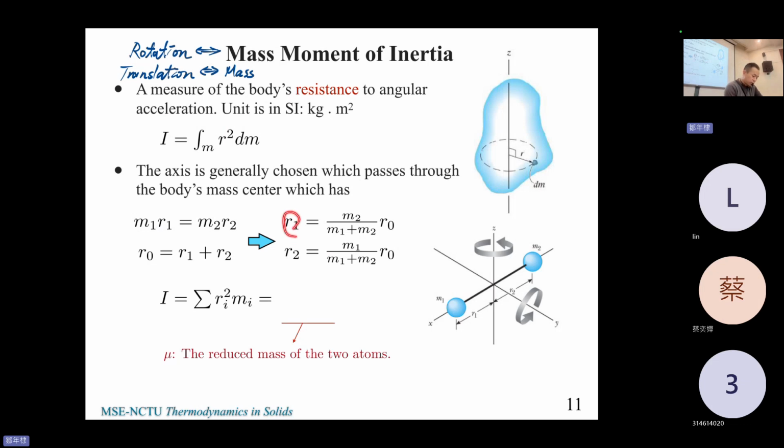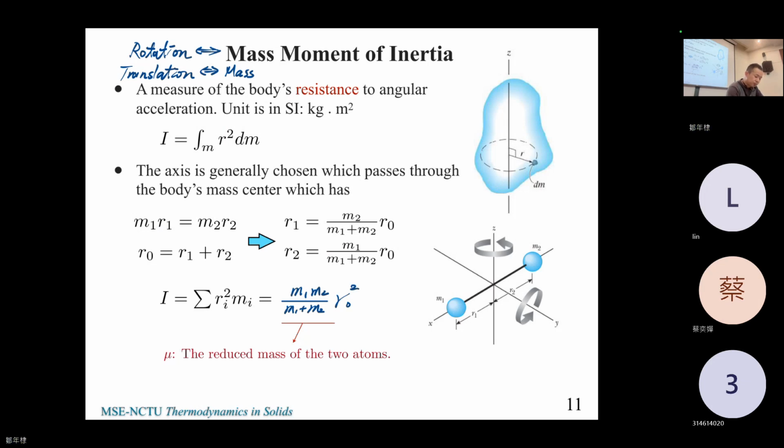So R1, R2, we got it. And then if we sum M1 times R1 squared and M2 times R2 squared together, it becomes M1 times M2 over M1 plus M2 times R0 squared.